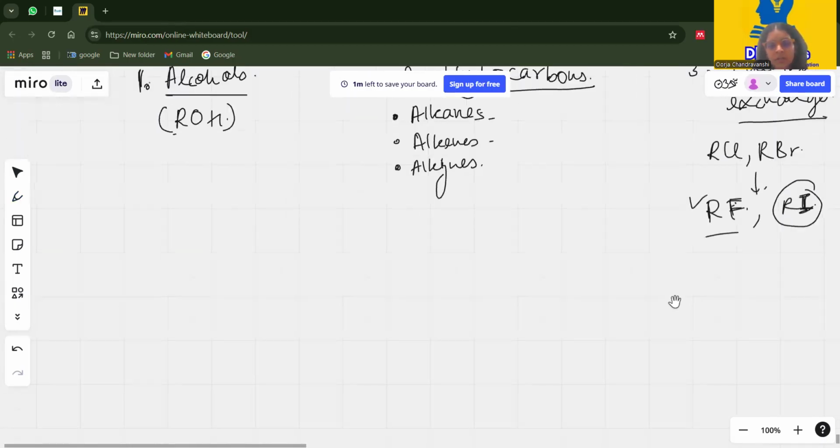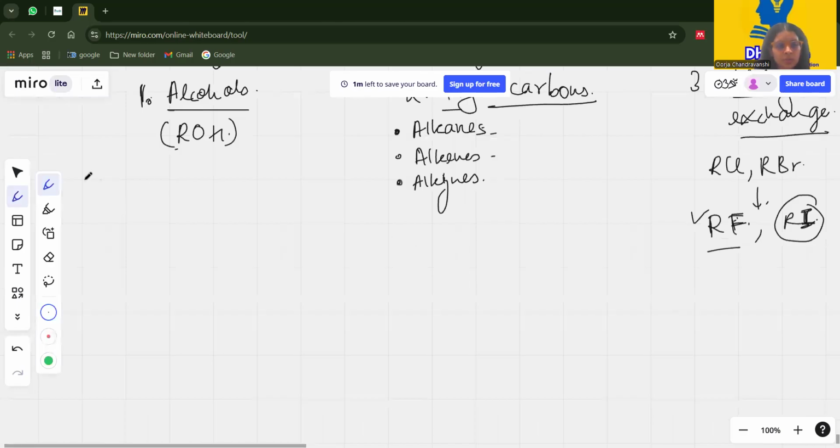So, in alcohols, the subparts that we'll be seeing are, first, direct reaction with HX.